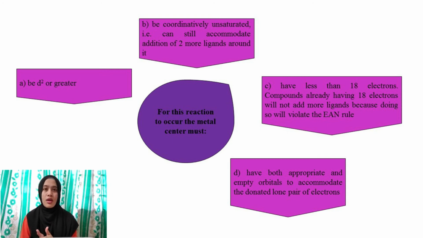Compounds already having 18 electrons will not add more ligands because doing so will violate the 18-electron rule. Next, the metal center must have both appropriate and empty orbitals to accommodate the donated lone pair of electrons.